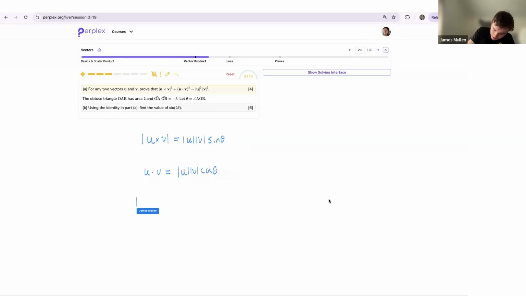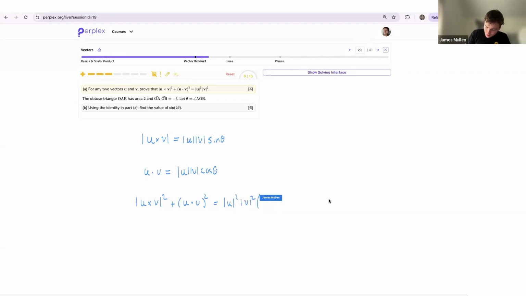And therefore the magnitude squared of u cross v squared plus the square of u dot v is equal to u squared v squared.